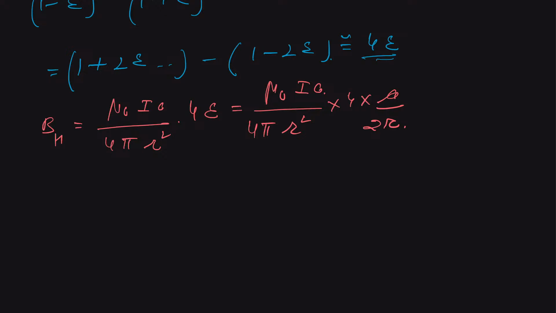And we can just cancel out the 4 from here. So this comes as mu naught I A square upon 2 pi r cube. Okay. And this is the magnetic field only because of our horizontal part, because we neglected the vertical portion.